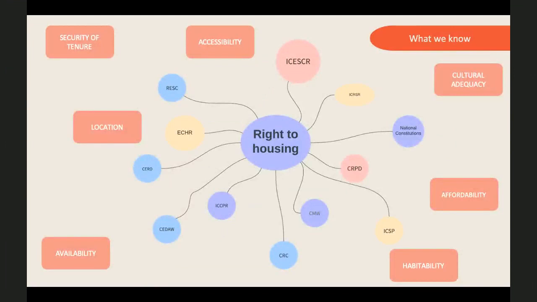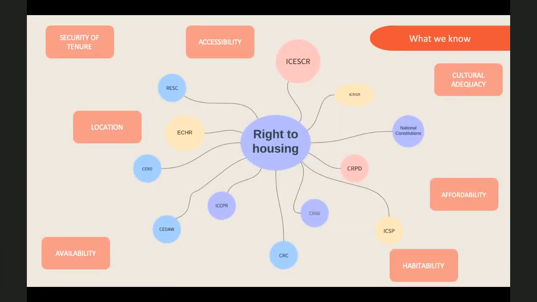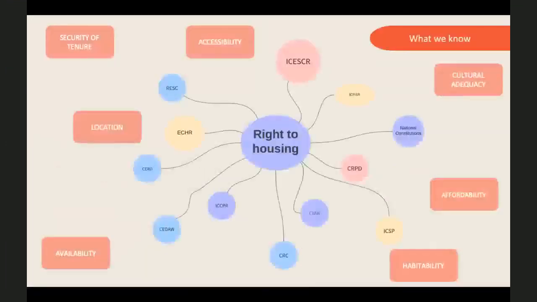And if we take a look at what that actually looks like, this is what we already know about the right to housing. There are a lot of international treaties, instruments, bodies, documents that refer to the right to housing. And as of course we all know, the right to housing doesn't only deal with the right of a roof above your head.